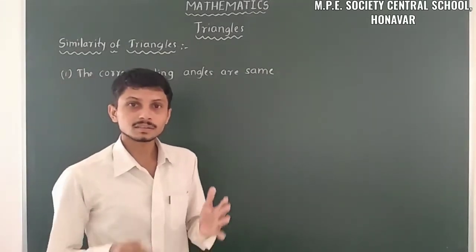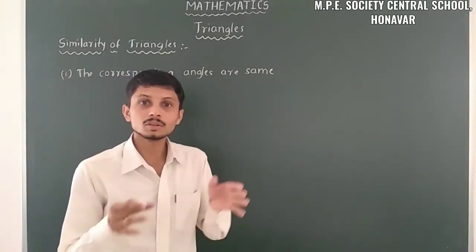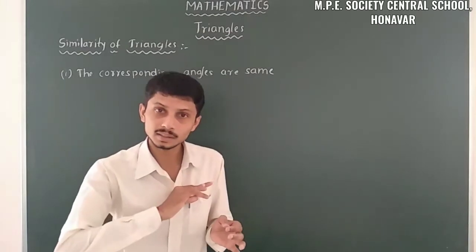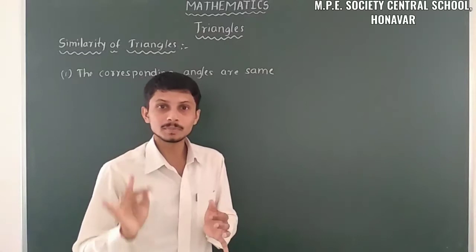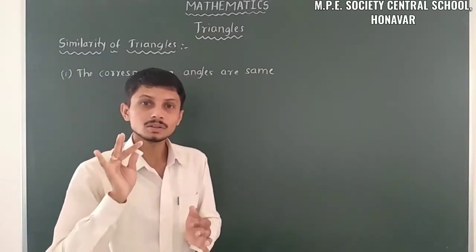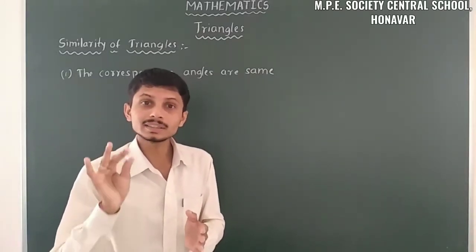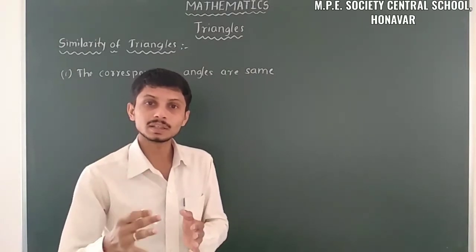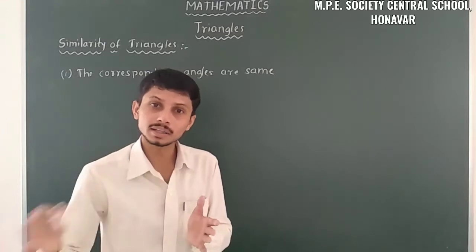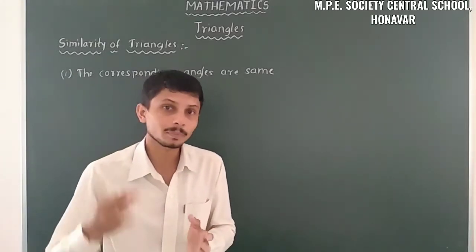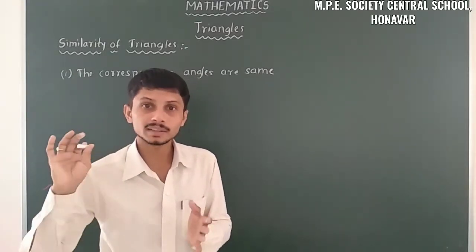Then let us take corresponding sides. In congruency the corresponding sides are equal, one and the same. But in the case of similarity of triangles, the corresponding sides are proportional. That means when we take the ratio of corresponding sides, all the ratios of the pairs of corresponding sides are one and the same.